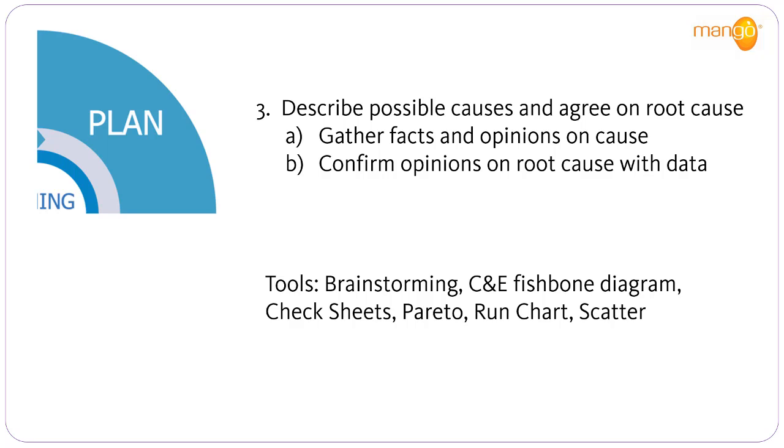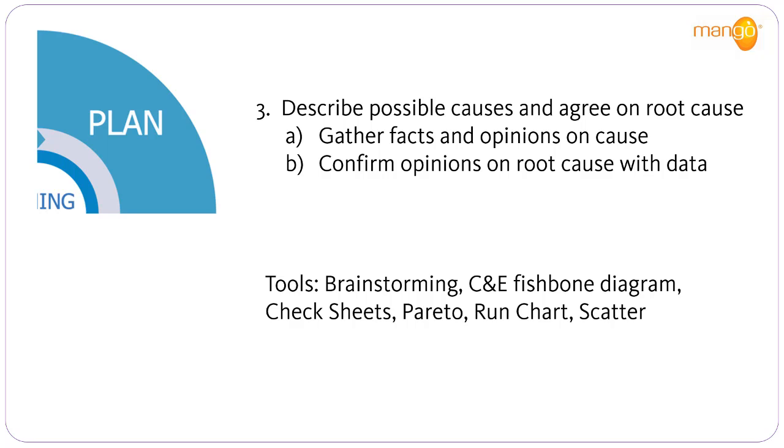Step 3 is where you're starting to look at possible causes and maybe agree on some root causes. Mostly when you're doing process improvement, most organisations jump straight to causes and root causes right from the start.